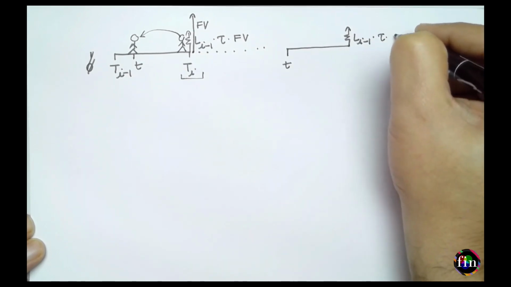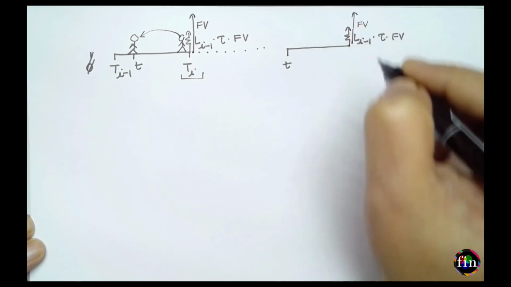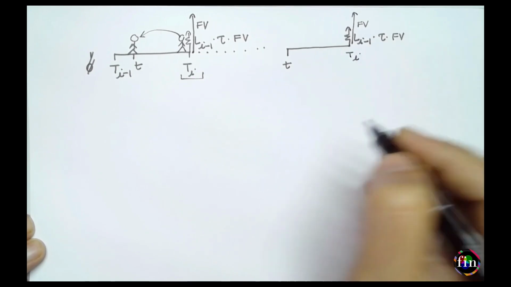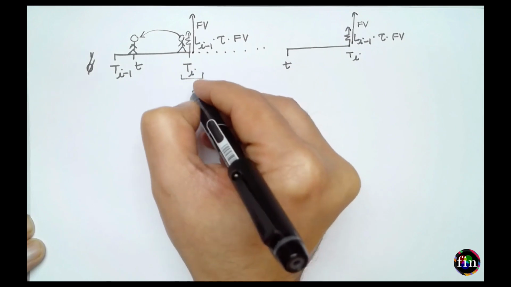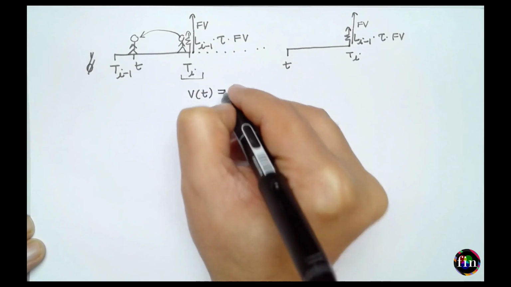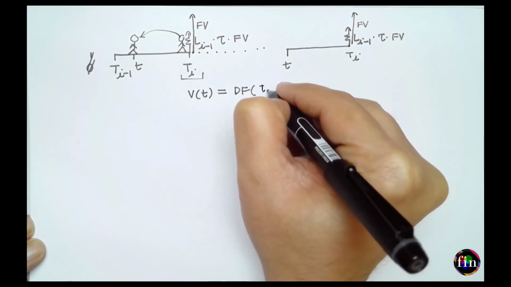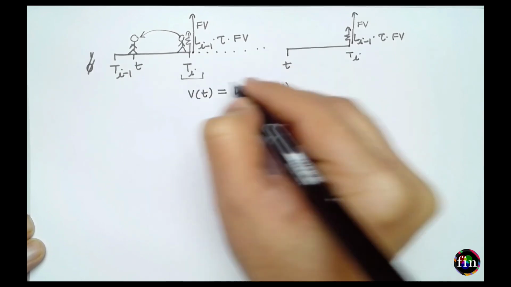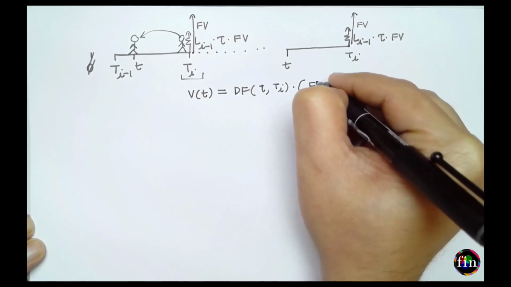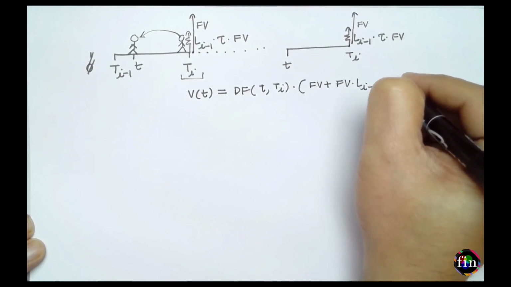This times tau, this times FV, and there is a big guy FV standing here as well, the value of all the remaining coupons after date t_i. So the value of this floating rate note at time t is very simply equal to the discount factor to bring it from t_i to t, times the promised amount, and that is FV plus FV times L_{i-1} times tau.